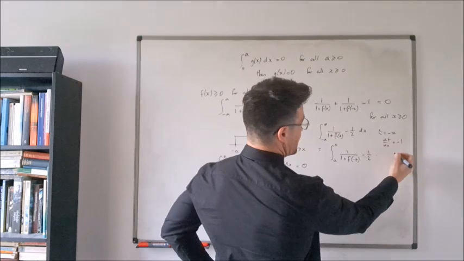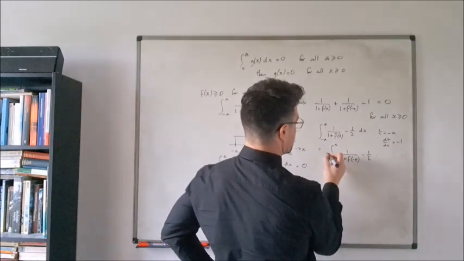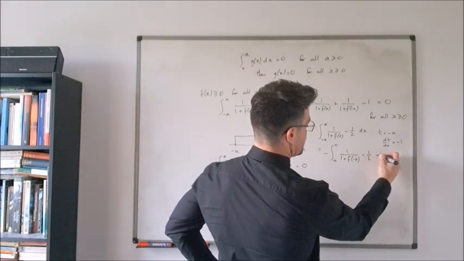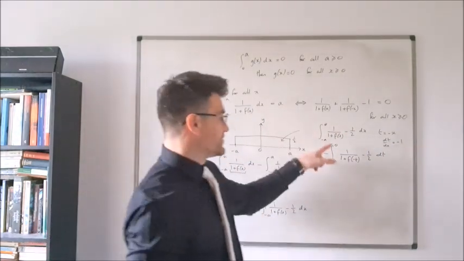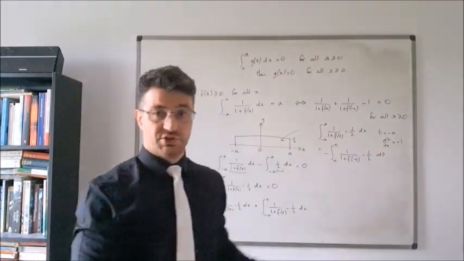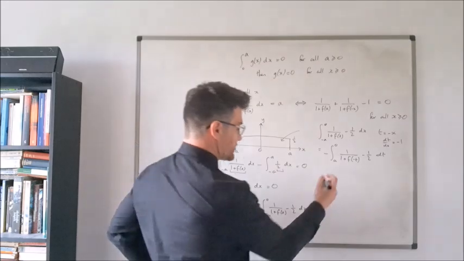So dx is going to be minus dt. I'm just using integration by substitution. I made my substitution, though I'm not actually going to be doing the integration.